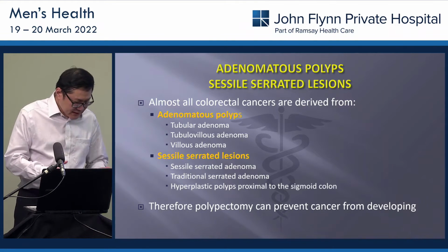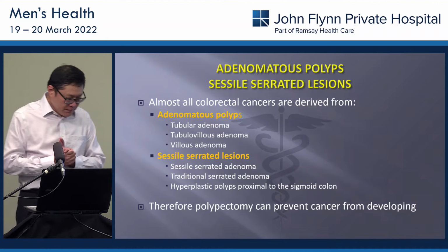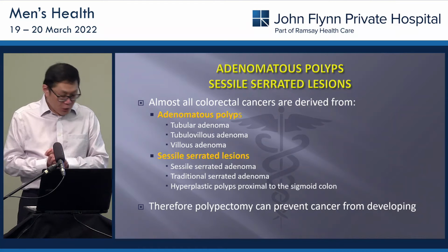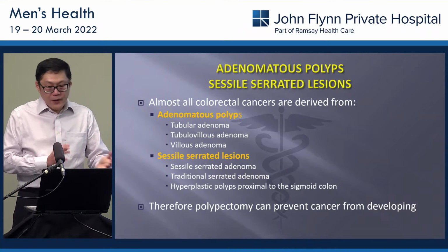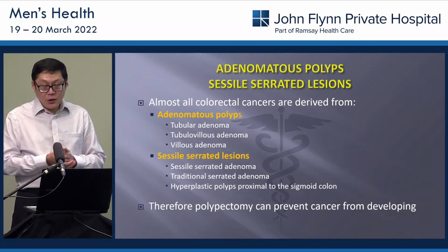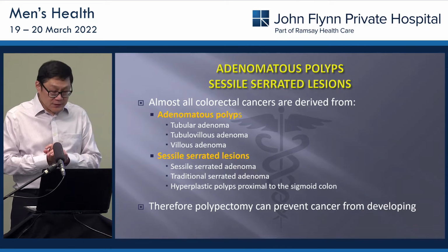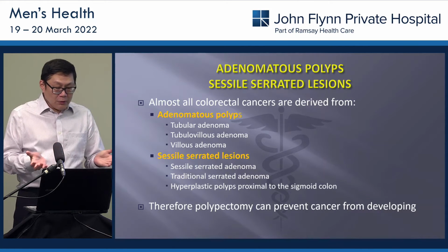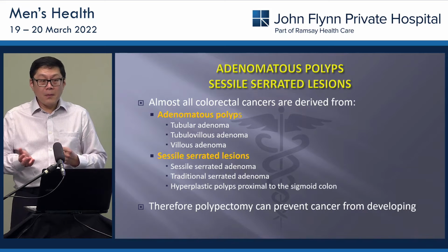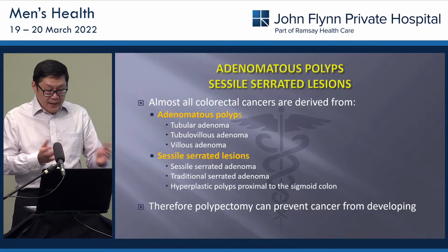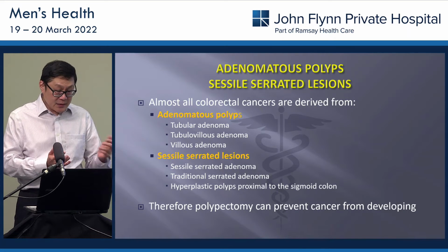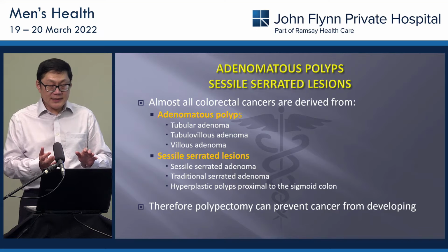I'd like to touch upon the common types of polyps that we may find on colonoscopy, and they do have an implication on the surveillance intervals. Almost all colorectal cancers are derived from the two main types of polyps, the adenomatous polyps and the sessile serrated lesions.